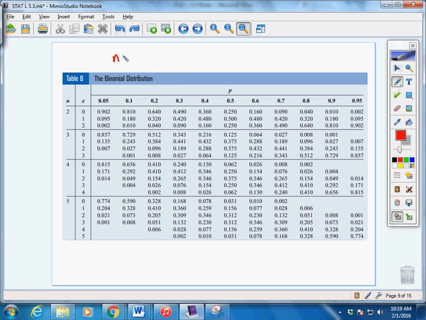Our number of trials was 3 coins. Our success, what we wanted to find the probability of, was getting 2 heads, and the probability for that was 1/2, or 0.5. So here's what you do. Find your n, find your x, and then find your p, and our p is right here.